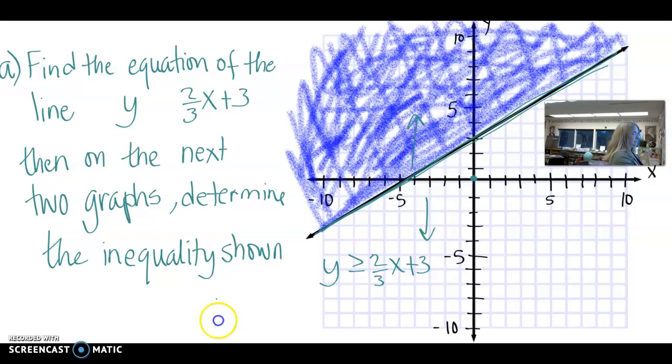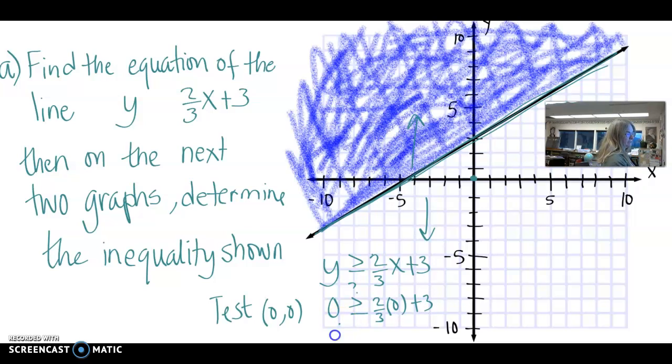So I put in 0, 0. Is 0 greater than or equal to 2/3 times 0, which is just 0, plus 3? So we're looking at, is 0 greater than or equal to 3? Well, that is false, which is what we were expecting if this was correct. And so that must be correct.